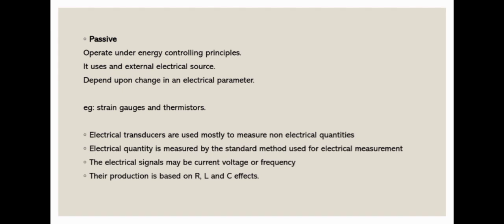This electrical quantity is measured by the standard methods used for electrical measurement. The electrical signals may be current, voltage or frequency, and the production of this current, voltage and frequency is based on R, L and C effects, that is the resistive, inductive and capacitive effects.